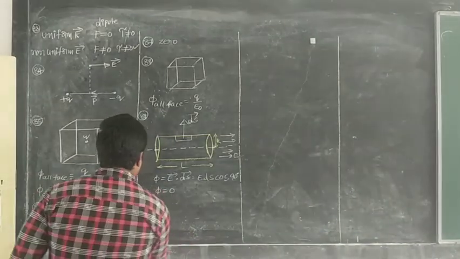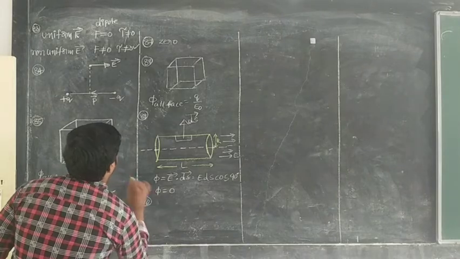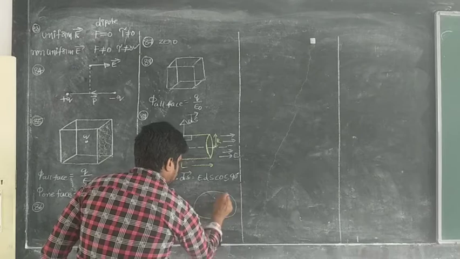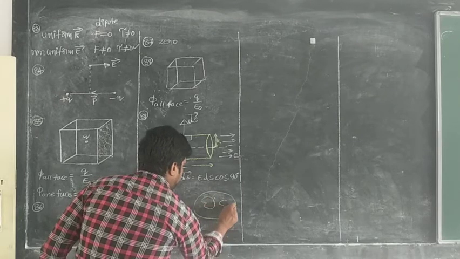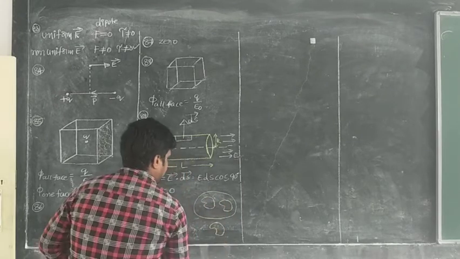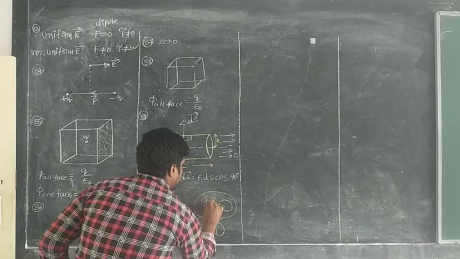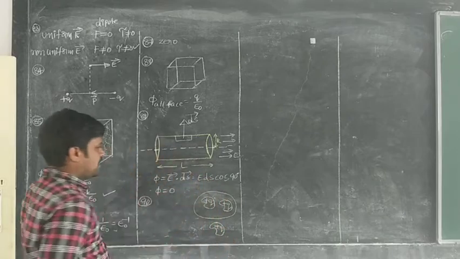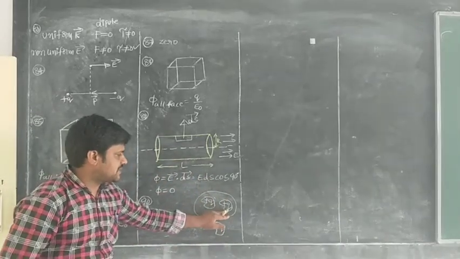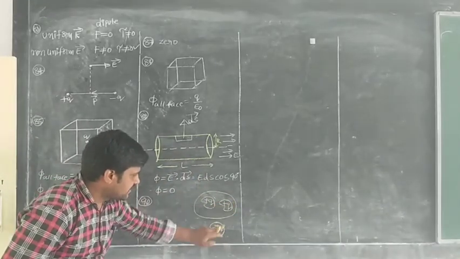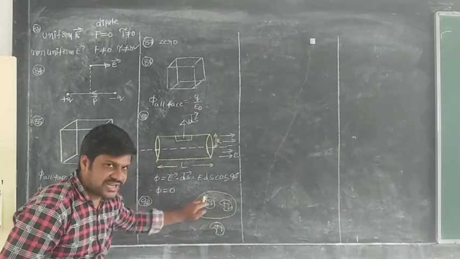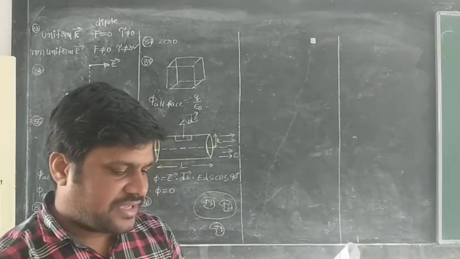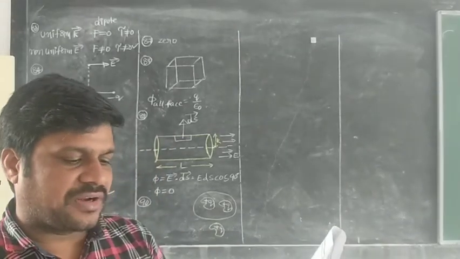Next, problem number 90. Here there are some charges: plus q, plus q, plus q. Two of these charges are placed within the closed surface, and this charge is placed outside of the closed surface. Shown below is a distribution of charge.